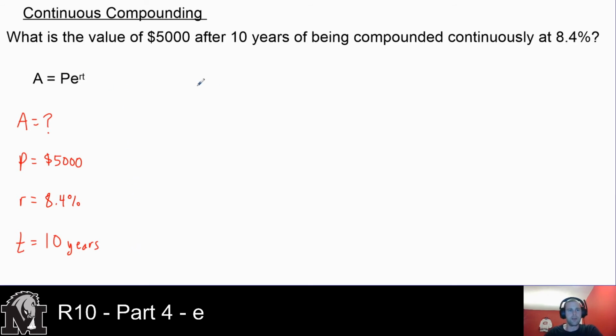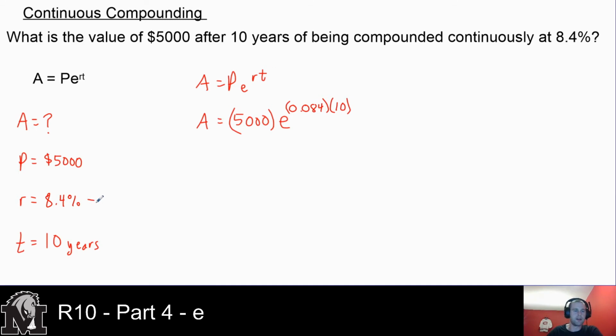So let's plug in everything that we know. A equals P times e to the rt. A is what we're solving for. P is 5,000. I would put that in brackets. Then we have e to the power 8.4, so 0.084. And then that is multiplying our t, which is 10 years.